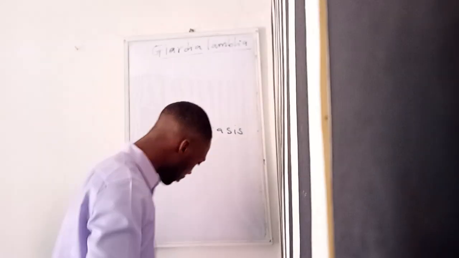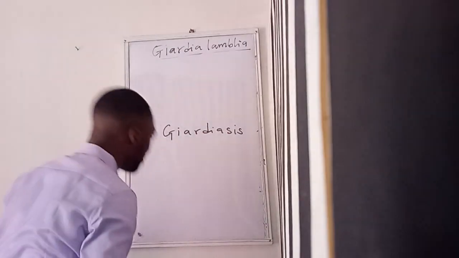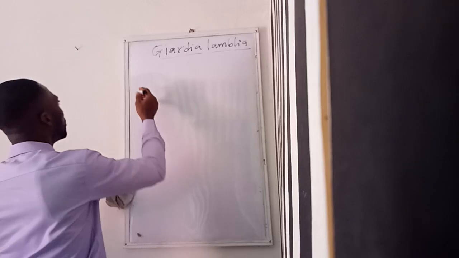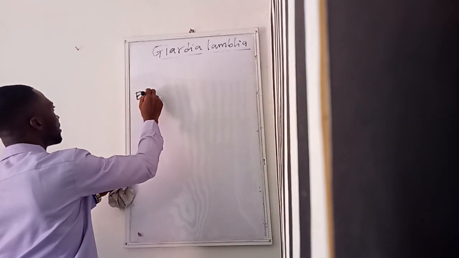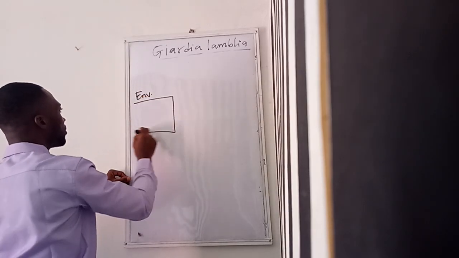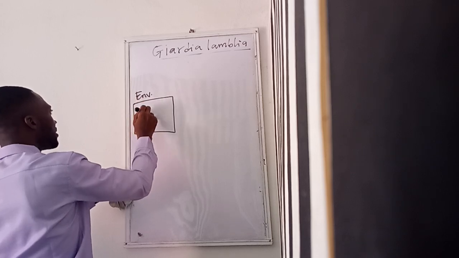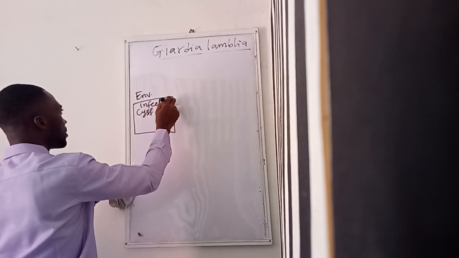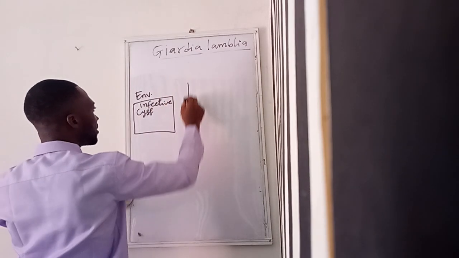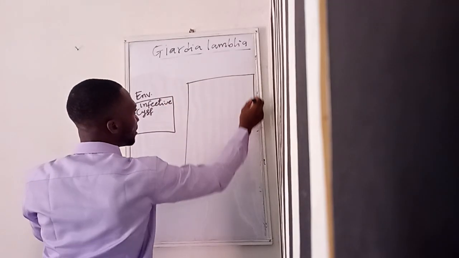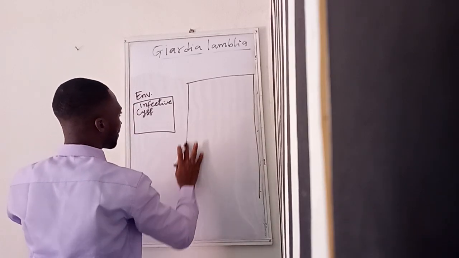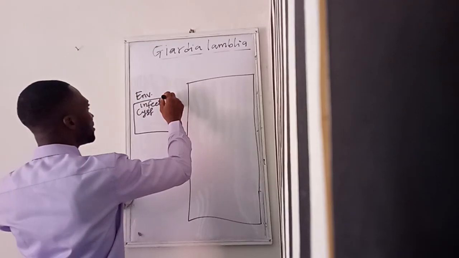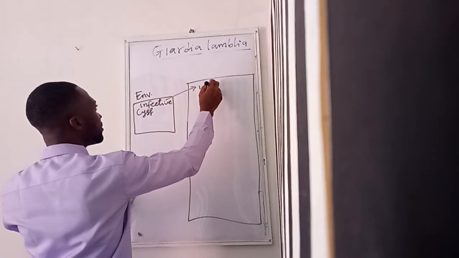So what I just said now, maybe I can use a diagram to explain the structure. So this is the environment. Within the environment, we have the infective cyst, which is the infective stage. Then this is the infective cyst. We now have ingestion.